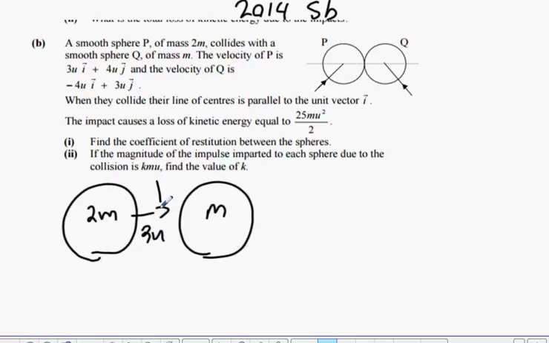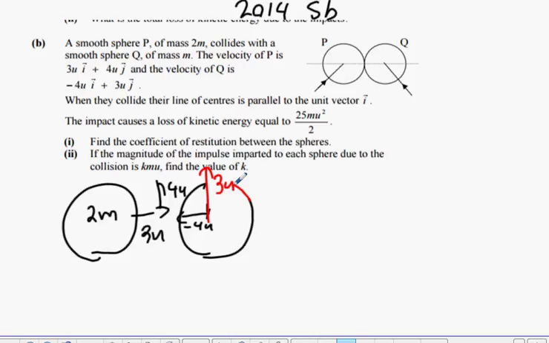3u and 4u, and the other one? Minus 4u. So minus 4u along this way and 3u up. That's a bit messy. I'll have that 3u going up, minus 4u across.